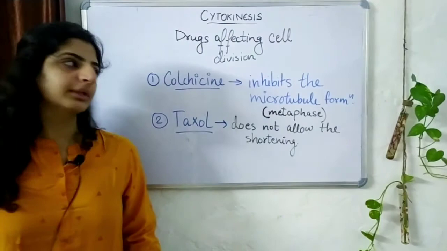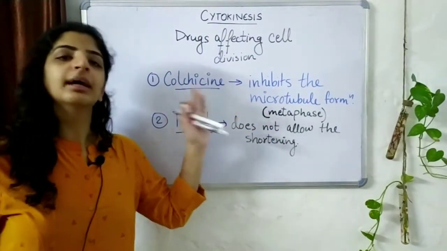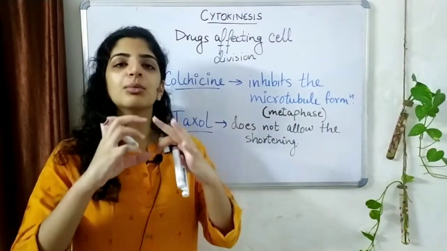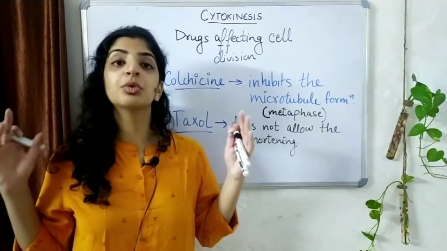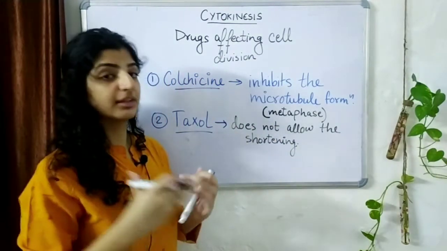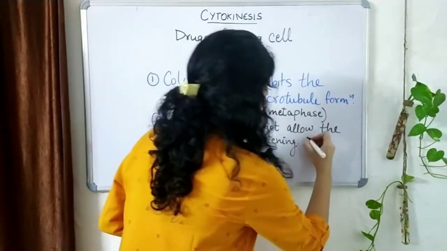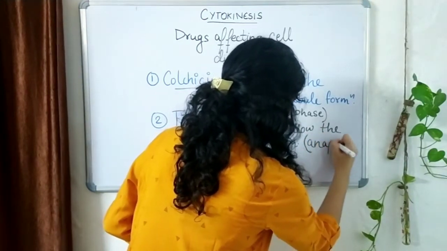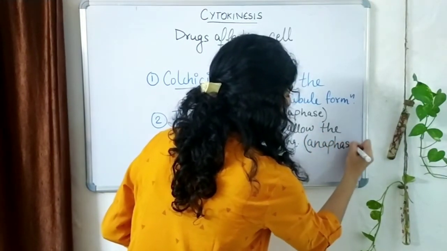And if you remember, according to PMAT, anaphase was the stage when the chromosomes or the sister chromatids had to move away from each other. Now, if the microtubules are formed but they do not shorten, the anaphase will be inhibited.